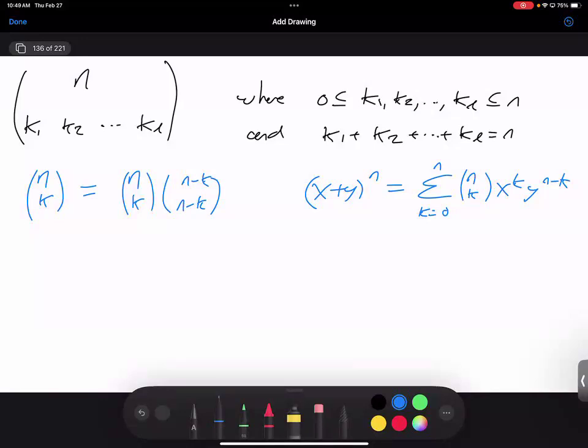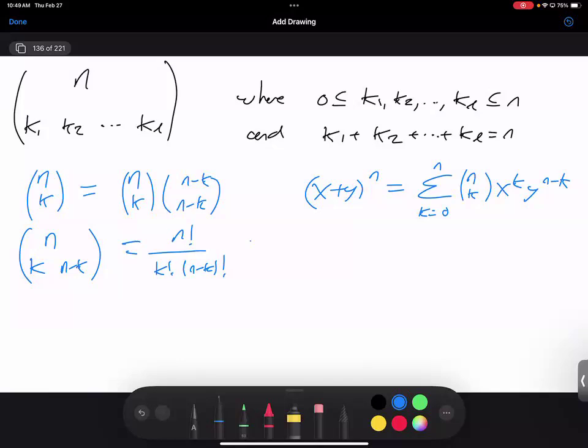And if we look at it, if I take n choose k, n minus k, that would be a multinomial coefficient where I have two things that sum to n, right? This would be n factorial over k factorial, n minus k factorial. That's what our multinomial formula tells us.